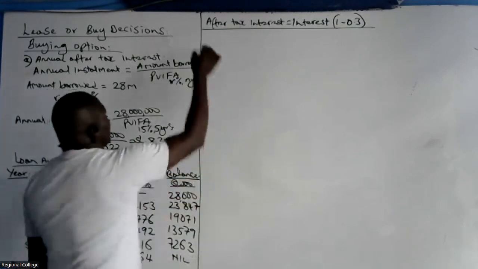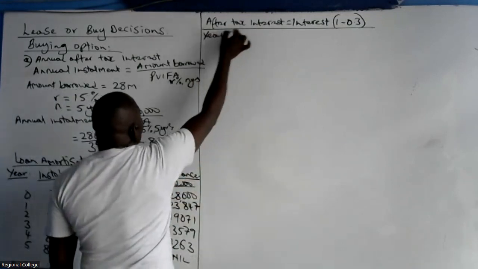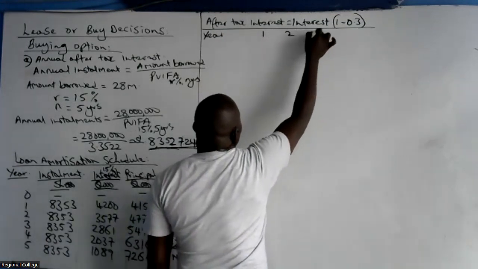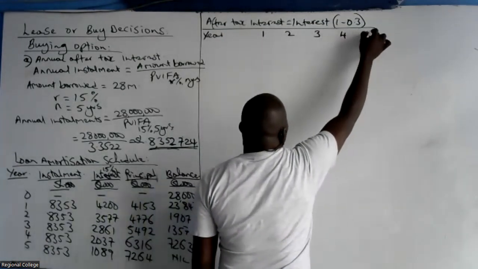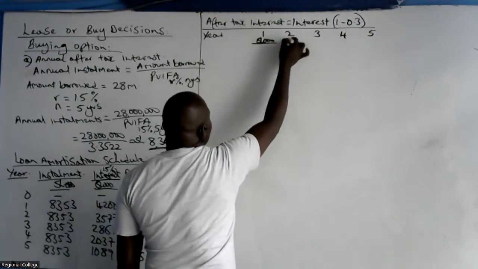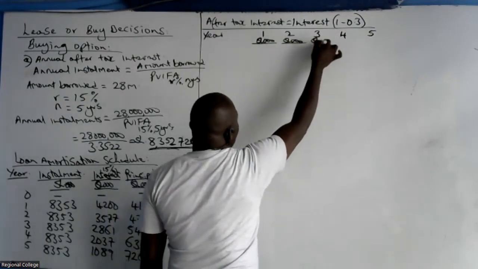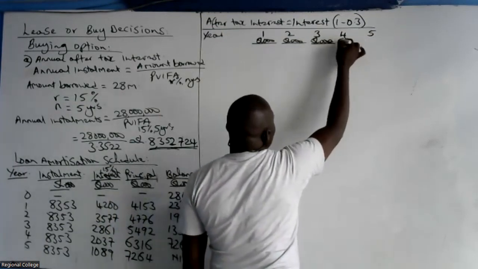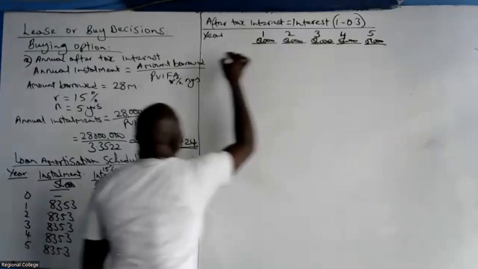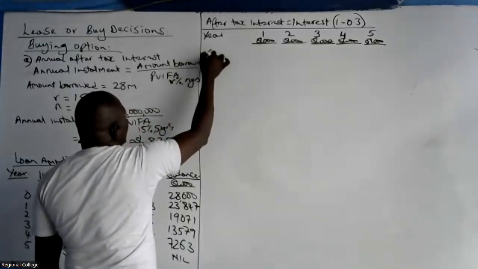So to report the after-tax interest, we have year 1, year 2, year 3, year 4, and year 5. Yes, the figures are in thousands of shillings. Then can we have our after-tax interest?